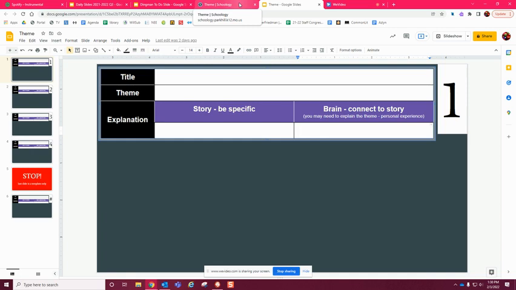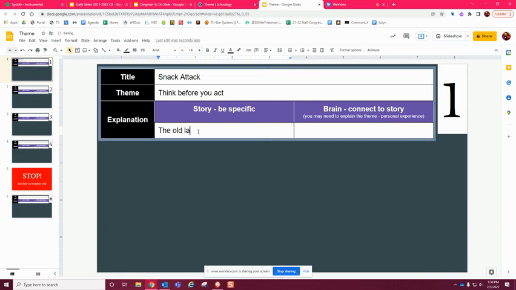All right, so I'm going to type in what this student has written down. This student ended up doing one that was from Snack Attack. The theme that they chose was think before you act. Okay, and this is what they ended up typing in their story that says be specific.